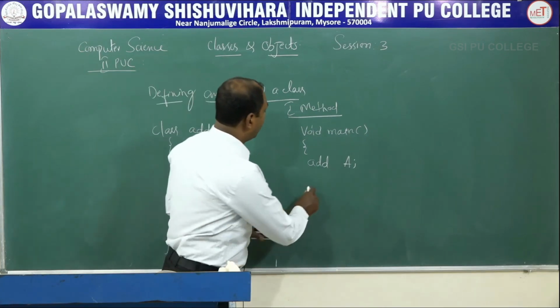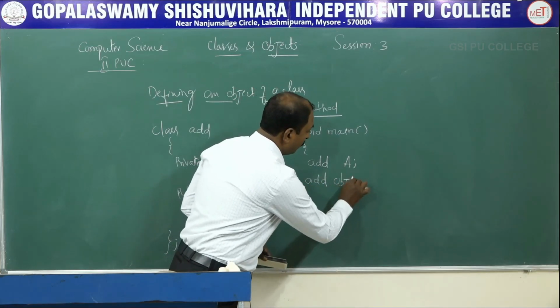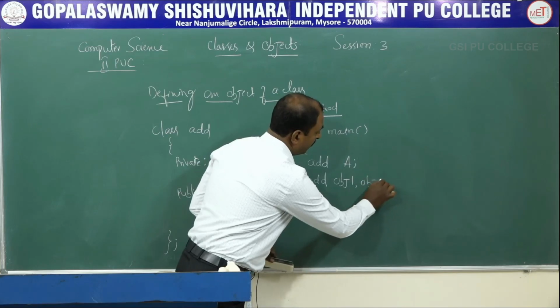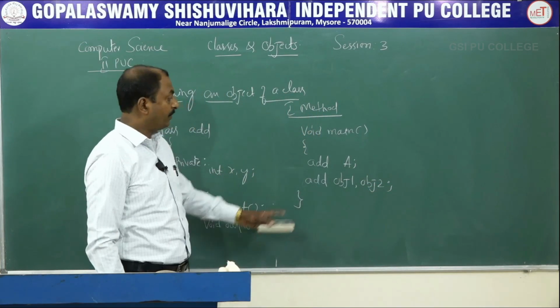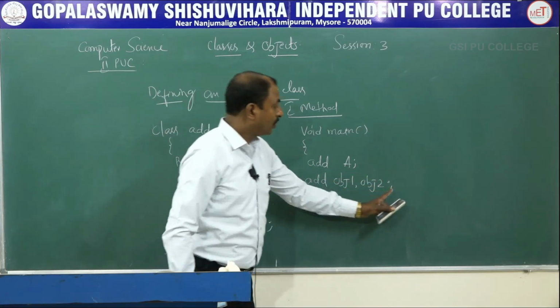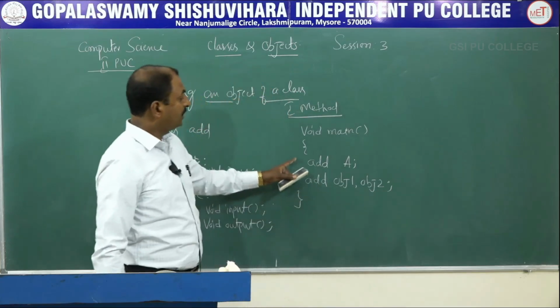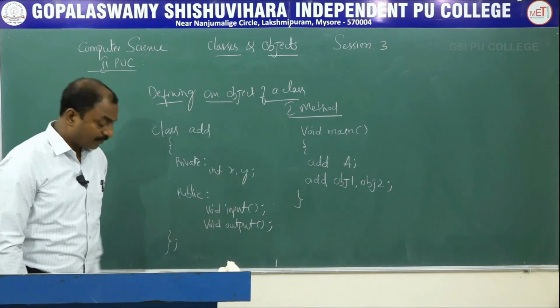For example, if I write add obj1 comma obj2, it is also fine. In this example, I have created one object A, and again two more objects here. So this is one method of creating or defining an object of a class.